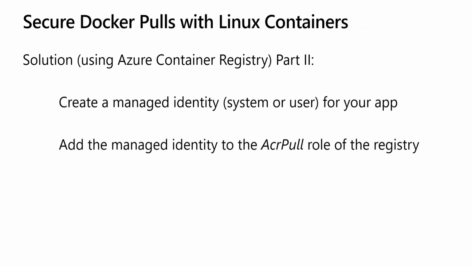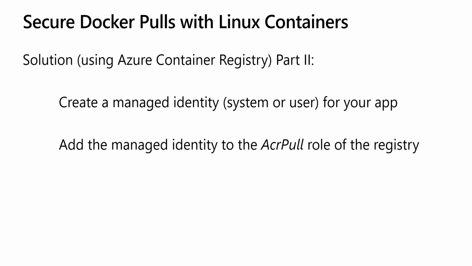Now, part two is that we've made a relatively recent update to the platform that enables you to set up a managed service identity when you are doing a Docker pull from Azure Container Registry. This is something customers have been asking about for quite a bit.